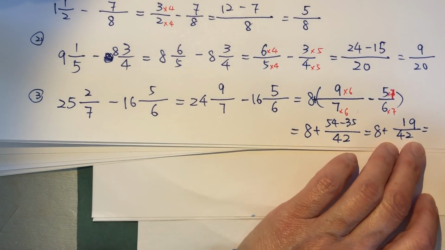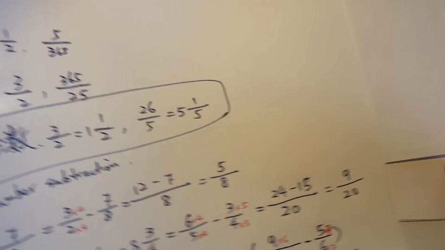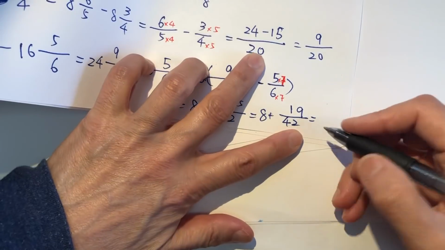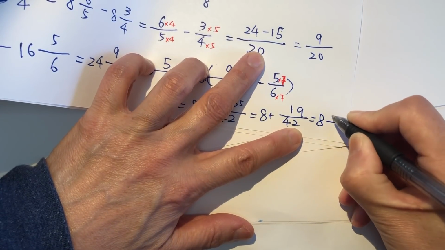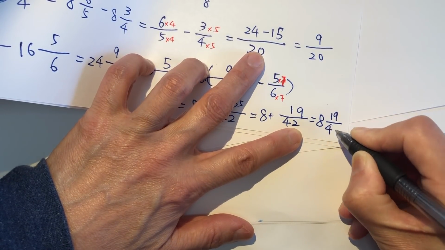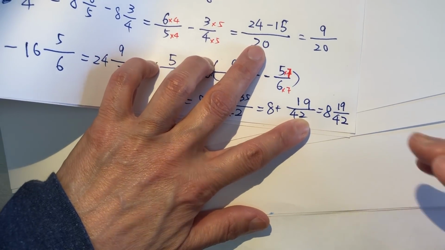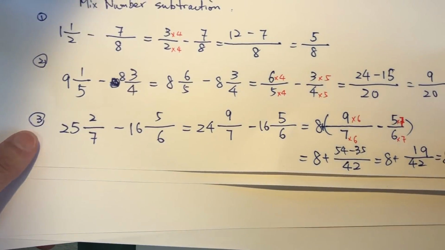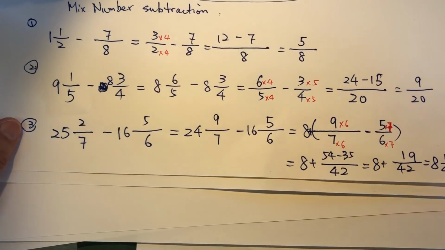So finally the result is, I have no room to write it, 8 and 19 over 42. Okay, that is the result. Thank you very, very, very much.